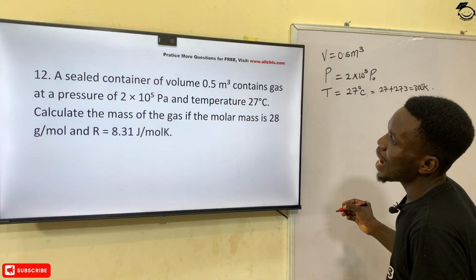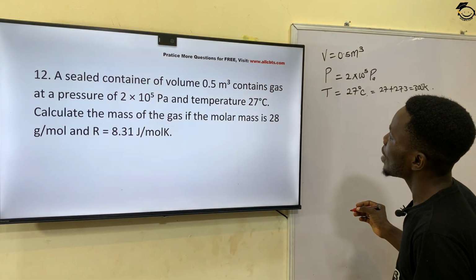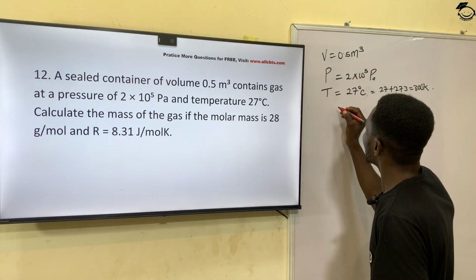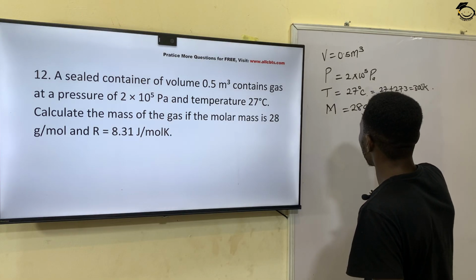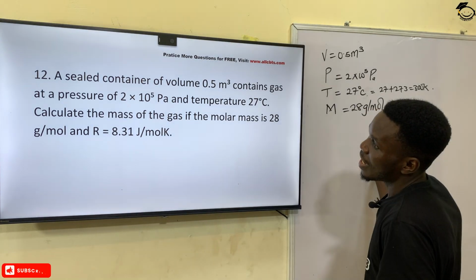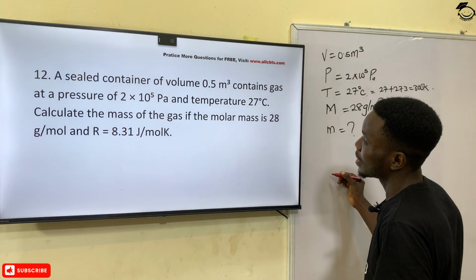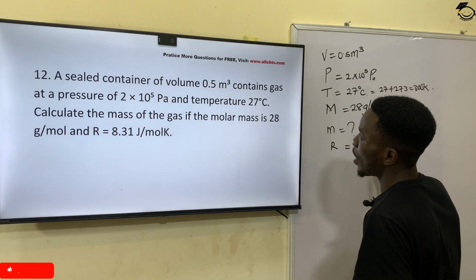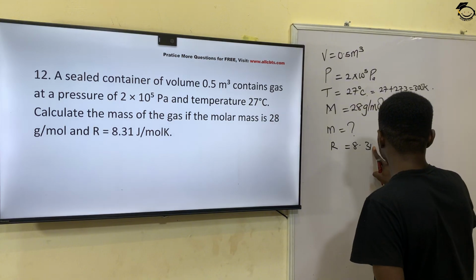They say calculate the mass of the gas if the molar mass is 28 grams per mole. So we have to find the mass of the gas. They gave the constant R as 8.31 joules per mole Kelvin.